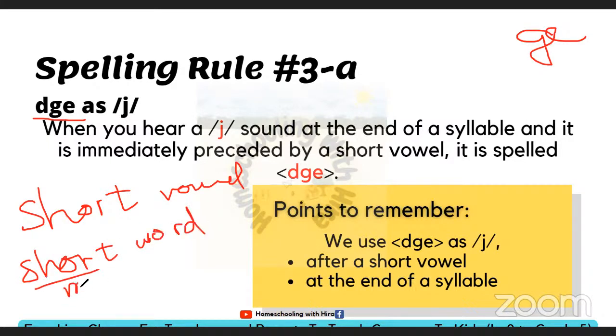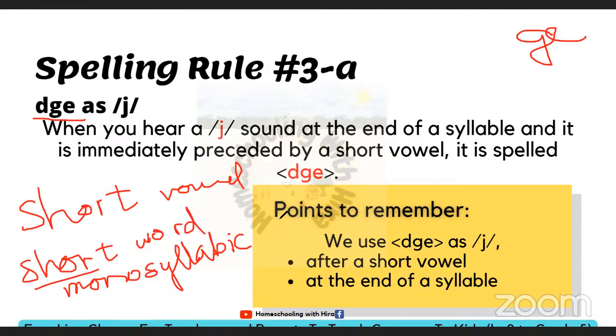Short word means monosyllabic word. Monosyllabic word means it has only one syllable. One syllable means only one vowel sound. I have given you all the possible definitions. Short word means it has only one vowel sound. Now listen to it once again.